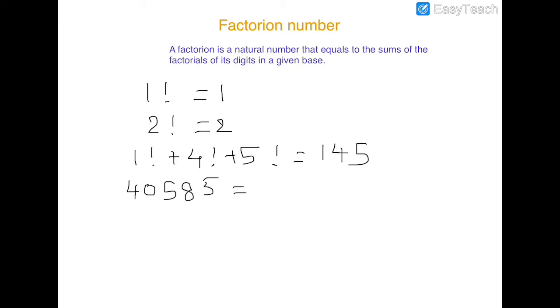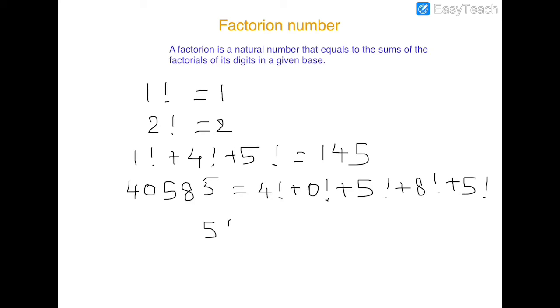Another example, 40585. For this also, if you do the factorial for each of these digits and add them, you will get the same number again. 4 factorial plus 0 factorial plus 5 factorial plus 8 factorial plus 5 factorial. Hope you know the factorials.